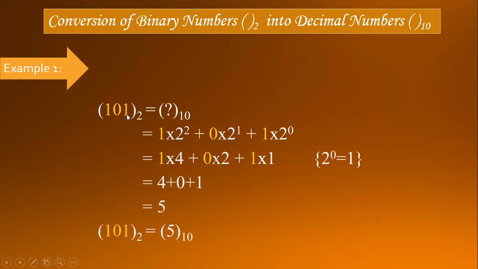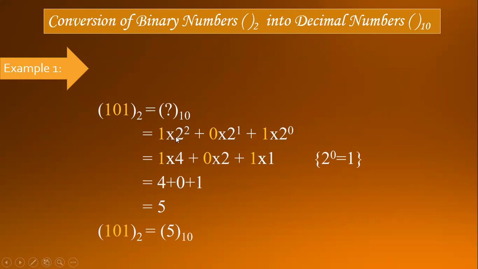So what do we have to do? We have to take each digit and multiply it with the given base, putting the power from right side to left side, beginning from 0: 2 raised to 0, then 2 raised to 1, then 2 raised to 2.